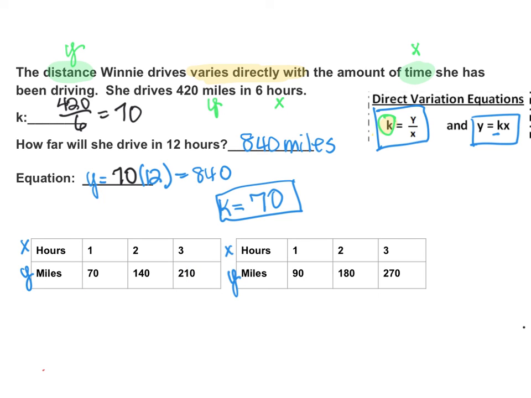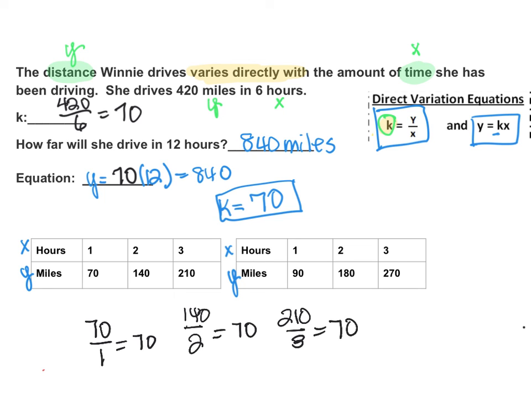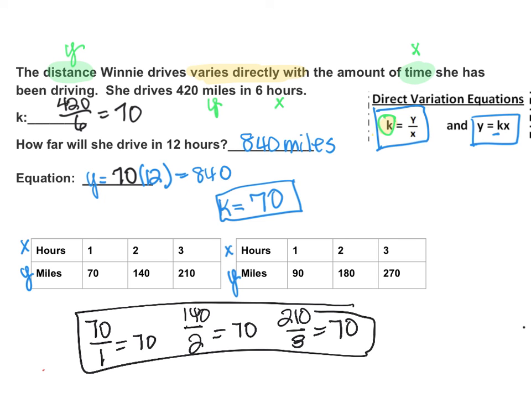So when I take 70 divided by 1, I get 70. 140 divided by 2, I get 70. 210 divided by 3, I get 70. So I know that this K is equal to 70. So I know that this represents Winnie's travel time.